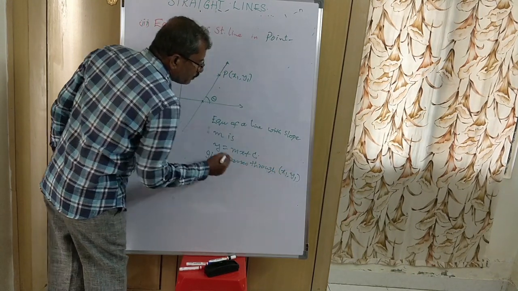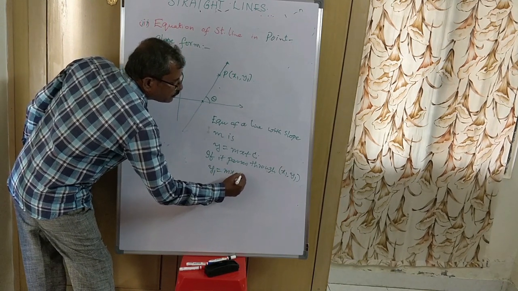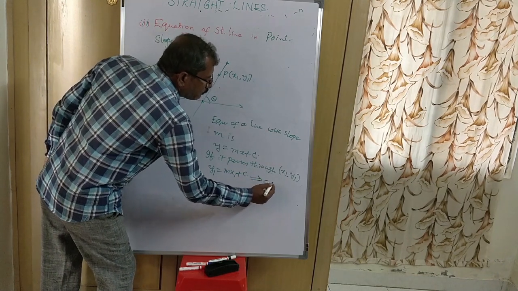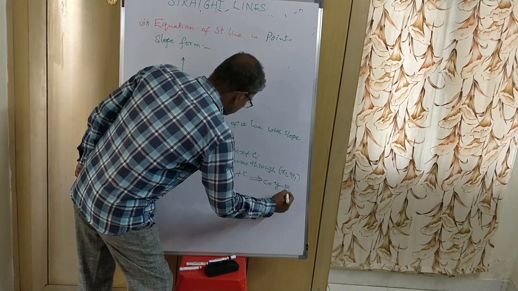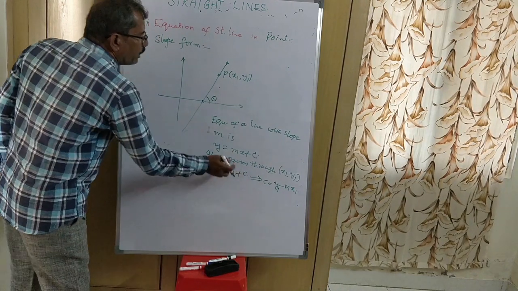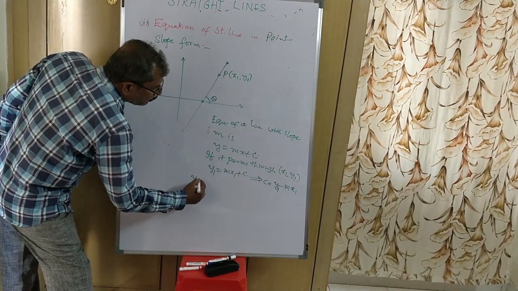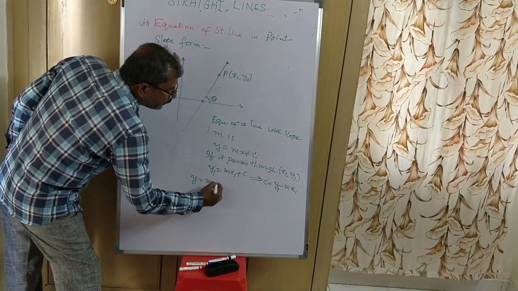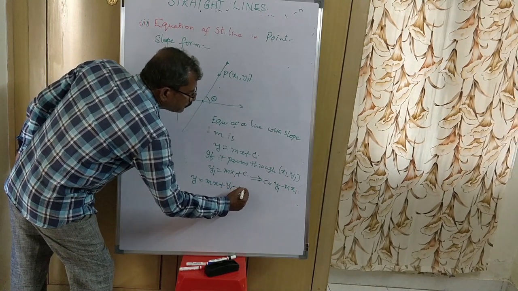This becomes y1 is equal to mx1 plus c. This gives you c is equal to y1 minus mx1. You put this value in this. Here we have y is equal to m into x plus c, which means y1 minus mx1.